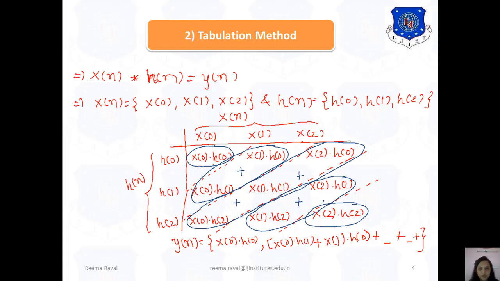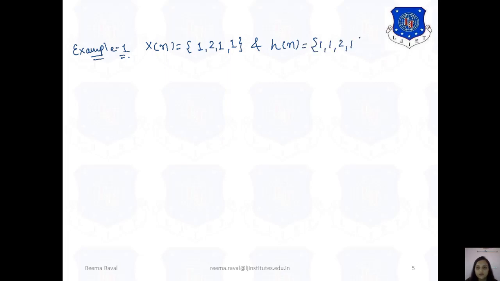Okay, let us understand this with an example. Let's say, for example, consider the data x of n equals 1, 2, 1, 1, and h of n equals 1, 1, 2, 1.